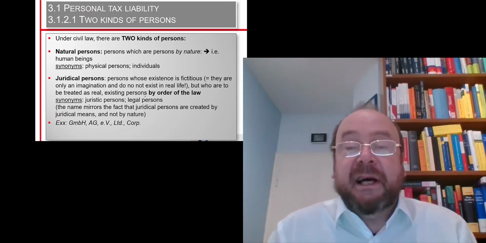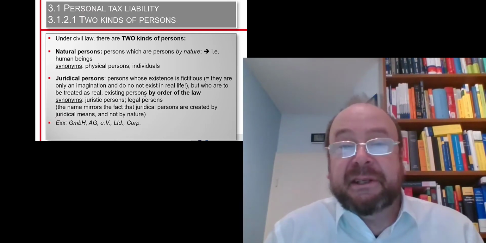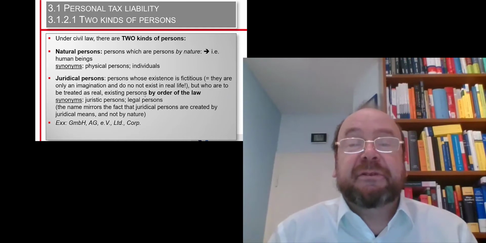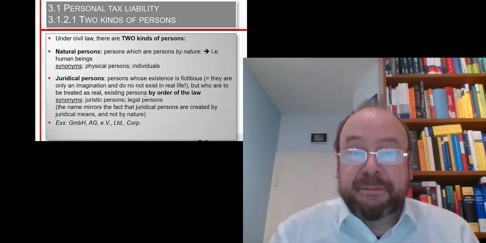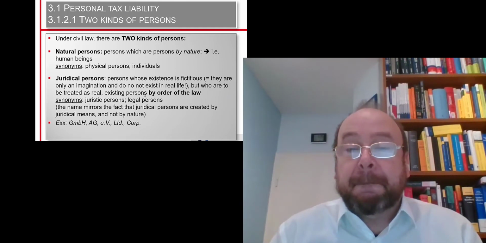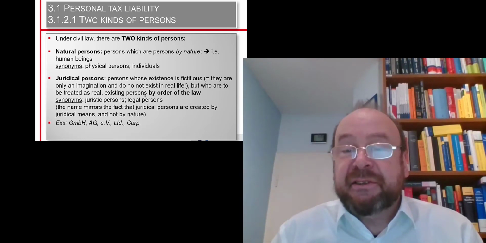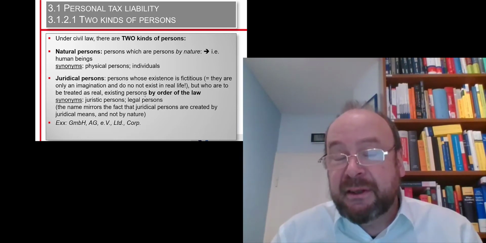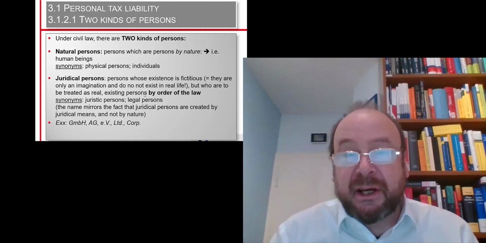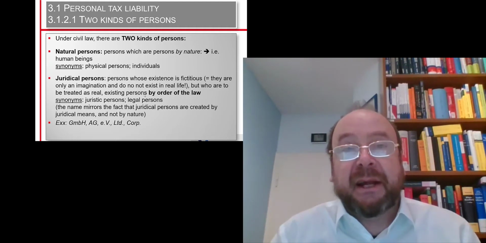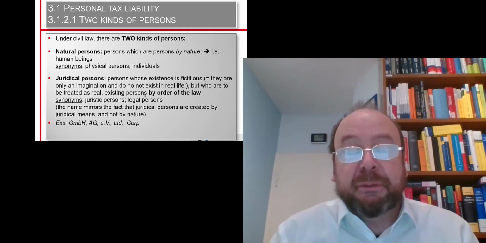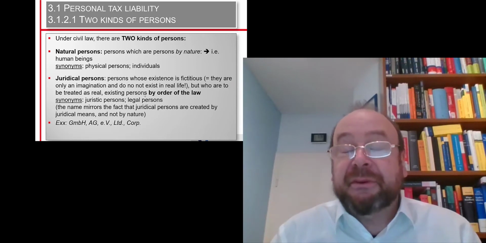Good. Now, what you perhaps as a beginner do not yet know is we have two types of persons. The denominations for these kinds of persons in the law literature are completely different depending on the states. In Germany, we would speak about natural persons and juridical persons.